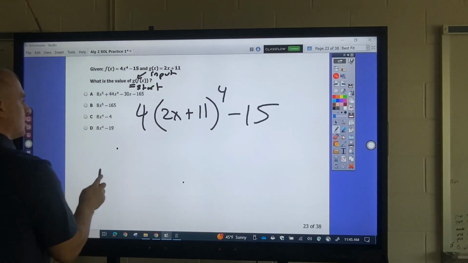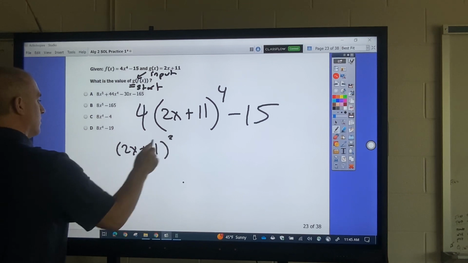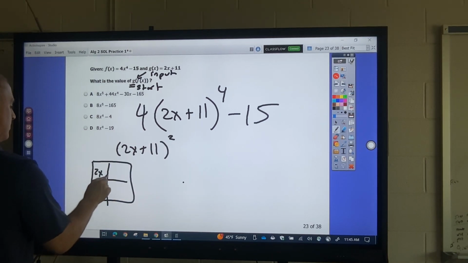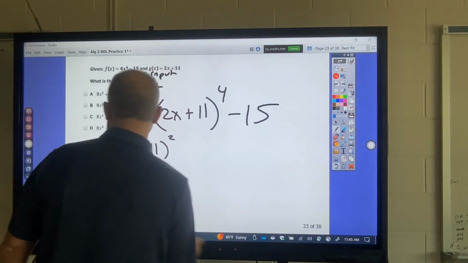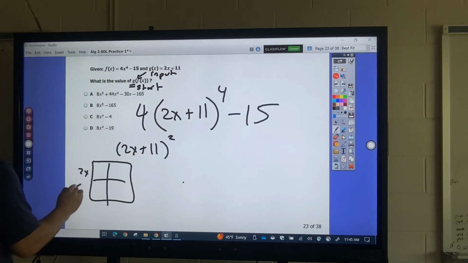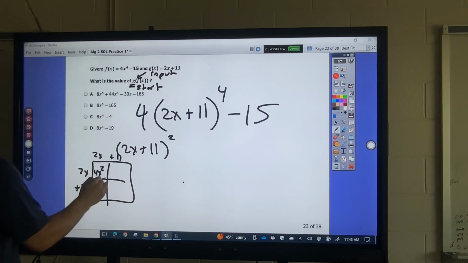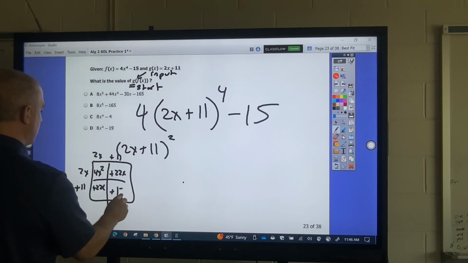But if you wanted to actually multiply that out, first you'd have to do this, which is 2x plus 11, 2x plus 11. That's 4x squared plus 22x plus 22x plus 121.